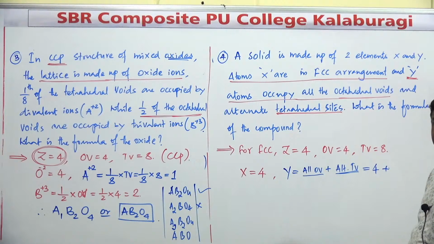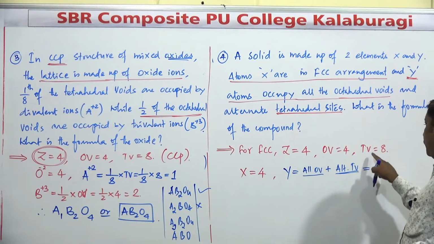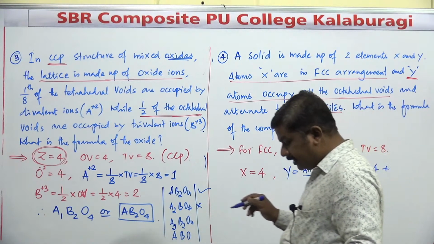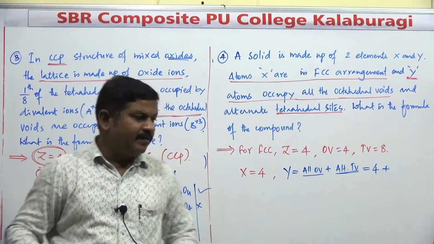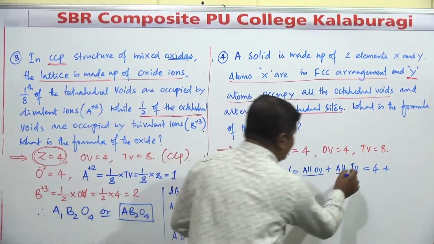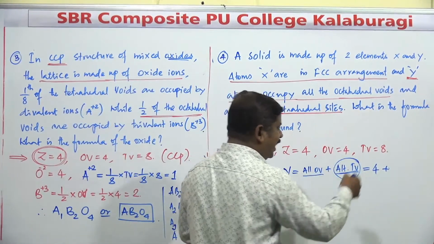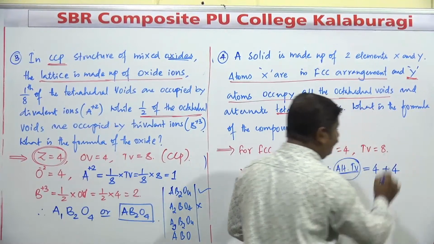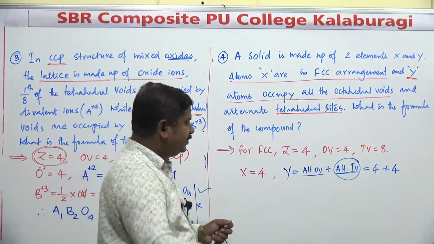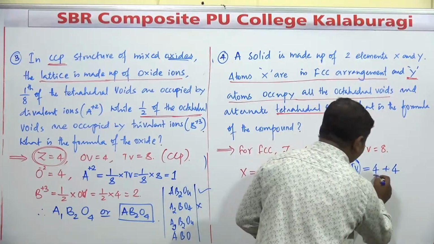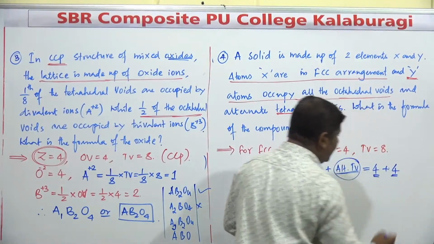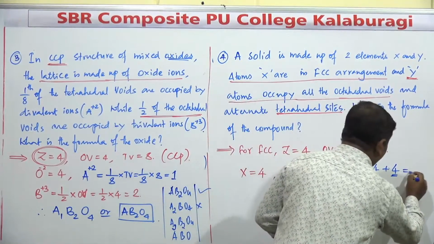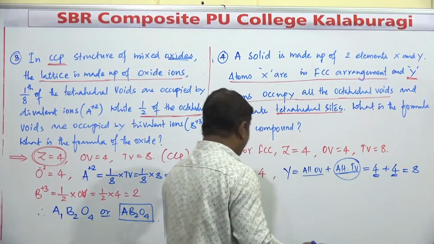Total number of tetrahedral voids in an FCC arrangement is 8, as we discussed yesterday. Here alternate tetrahedral voids are given, so that is equal to 4. So the total number of atoms of Y is equal to 8.